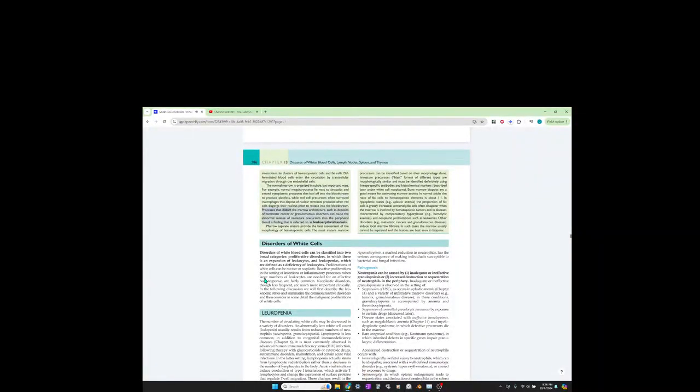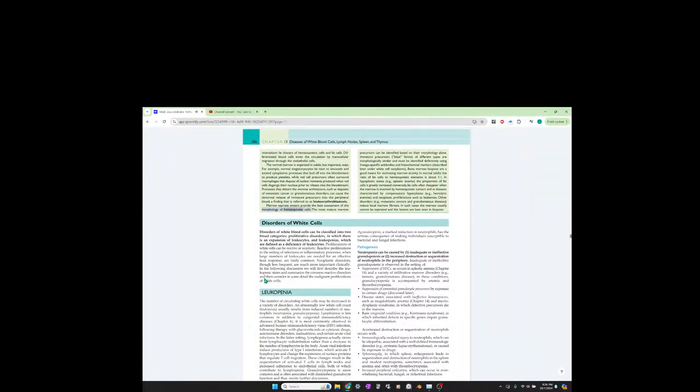Processes that distort the marrow architecture, such as deposits of metastatic cancer or granulomatous disorders, can cause the abnormal release of immature precursors into the peripheral blood, a finding that is referred to as leukoerythroblastosis.